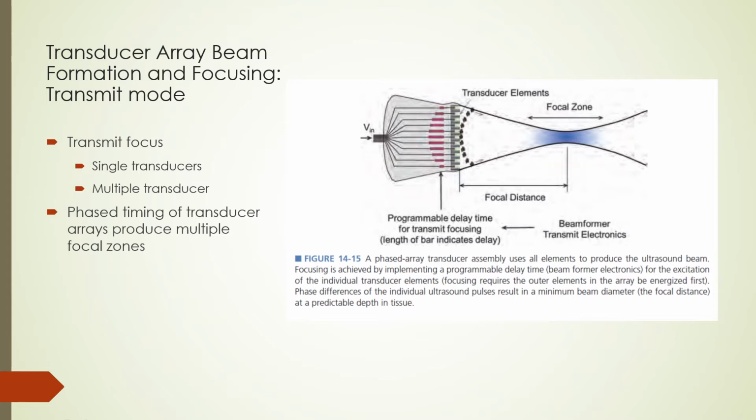Focal distance is a function of the transducer diameter, the center operating frequency, and the presence of any acoustic lenses at the transducer element surface. The focal distance is shown on this image with the focal zone length shown also. And in both phased array and linear array transducers, focal distance is selected by applying specific timing delays between transducer elements, causing the beam to converge at a particular point.